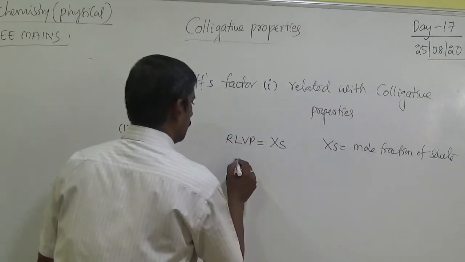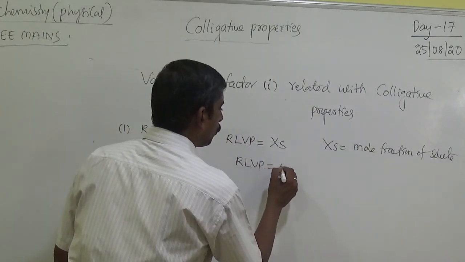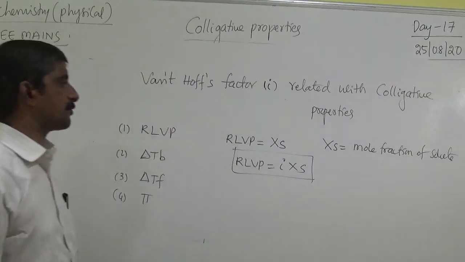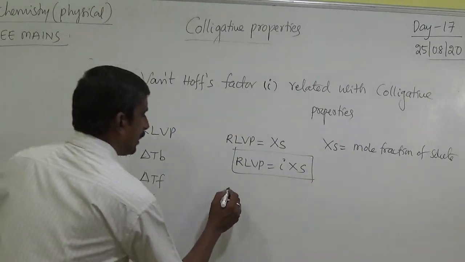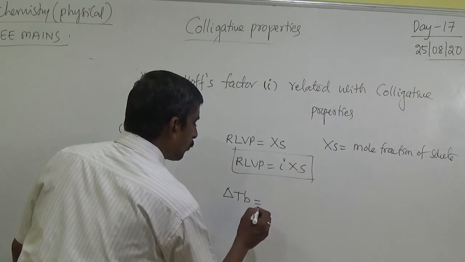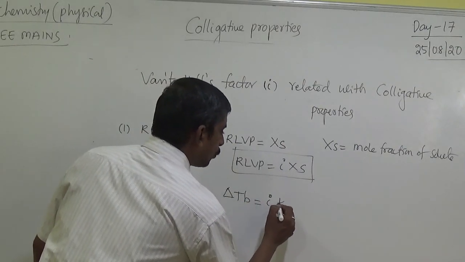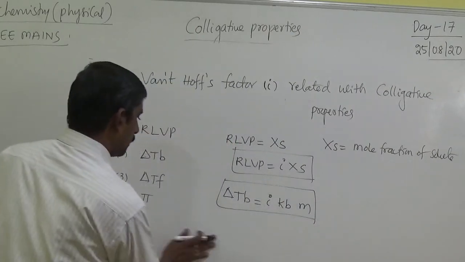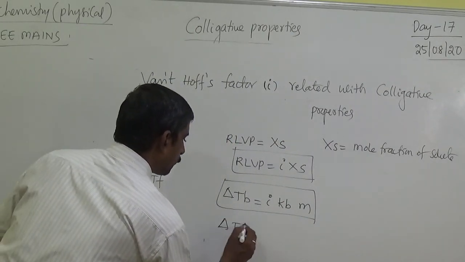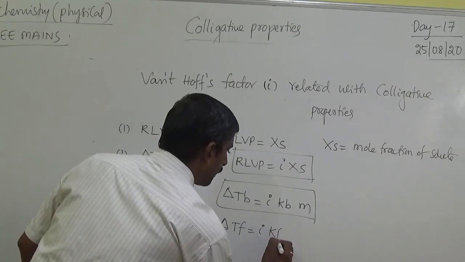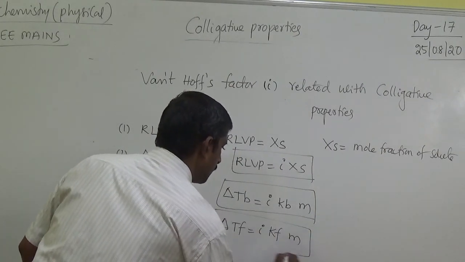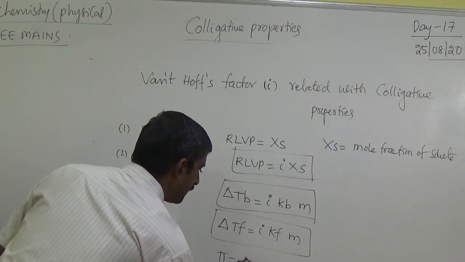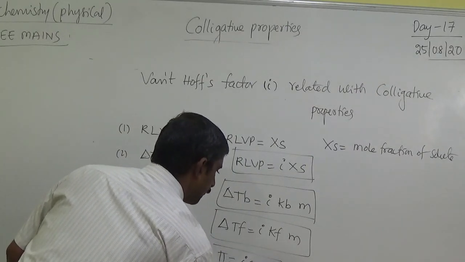Simply here RLVP equal to i into Xs. This is our first case. Xs means mole fraction of the solute. Second, delta Tb equal to i into Kb into m. That is second. Third, delta Tf equal to i into Kf into m. That is third case. Last case, pi equal to iCRT. That is fourth case.